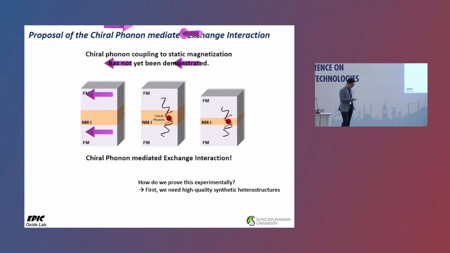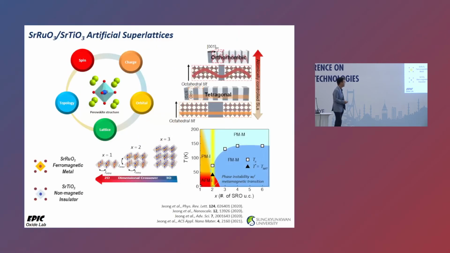To do that, we need high-quality synthetic heterostructures, and that's why we turned to these oxide systems. We have been working on this strontium ruthenate, strontium titanate system for a while now, and we have been able to propose different ideas like dimensional crossover and phase instability within this dimensional crossover.